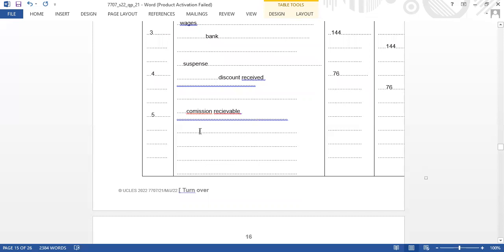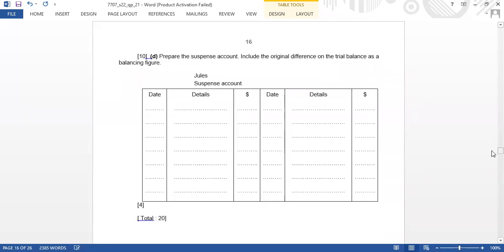So we have to deduct 200 from commission receivable and 200 from rent account. Then D part is prepare the suspense account. Include the original difference on the trial balance as a balancing figure.